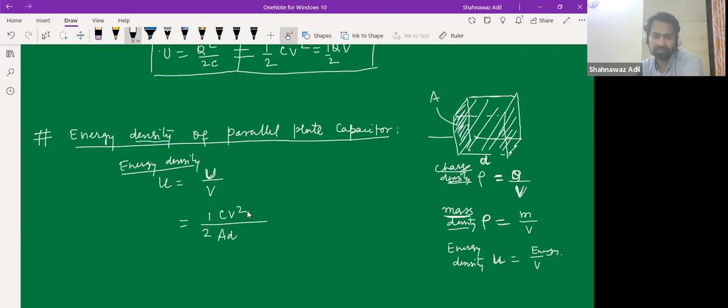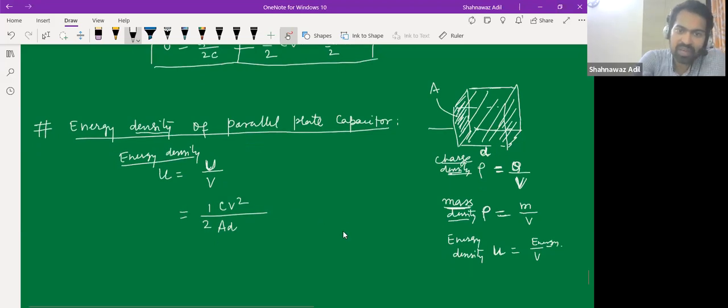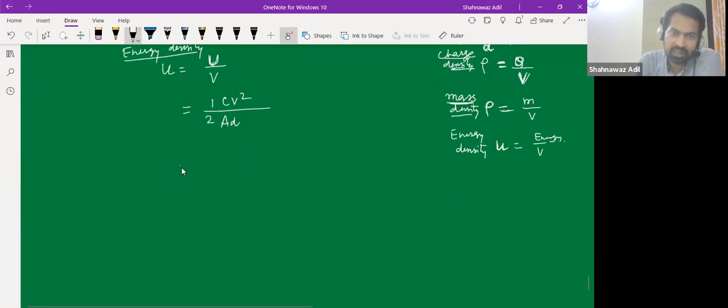Right, everyone? Am I correct? Yes. Okay. So now we have to write the capacitance. What is the capacitance of the parallel plate capacitor?